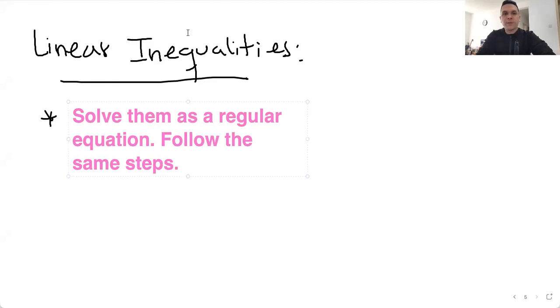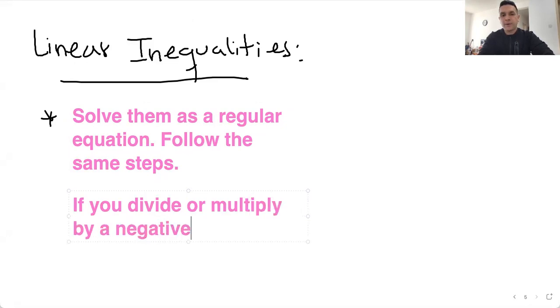However, there's one step you have to do differently. If you divide or multiply by a negative number, what happens? The direction of the inequality sign has to change.